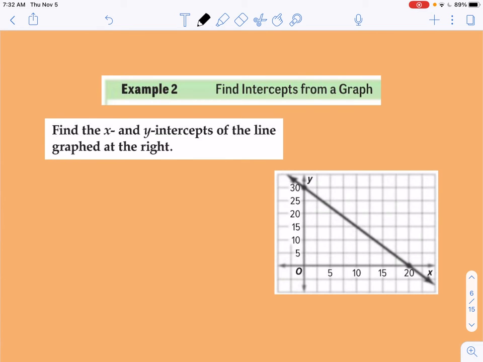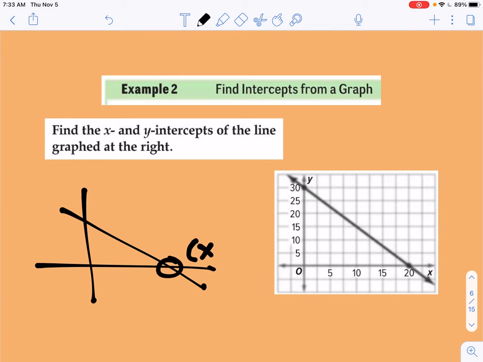It doesn't matter where it crosses it. So if you have a general thing right here, where that crosses right there, that would be the point whatever x is, and x always goes first, and then your y-coordinate would be 0.